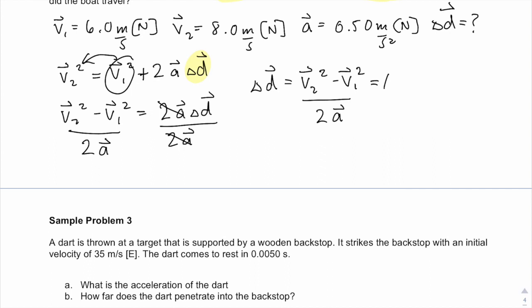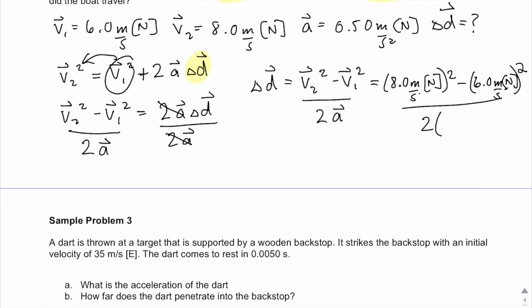v2 is 8 meters per second north squared, and v1 is 6 meters per second north squared, over 2 times an acceleration of 0.50 meters per second squared north.